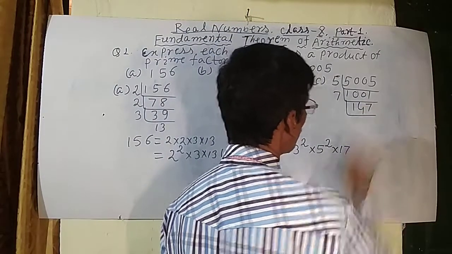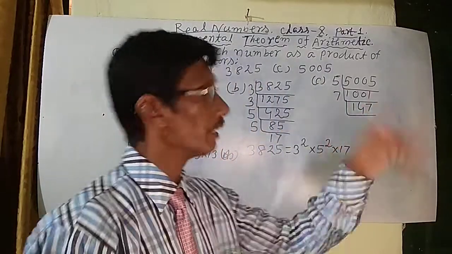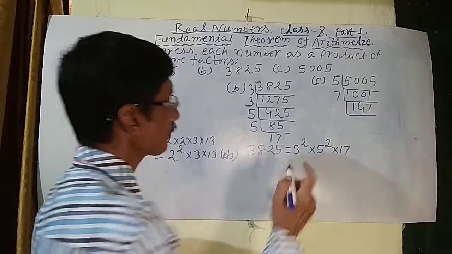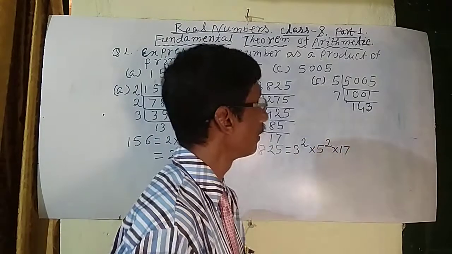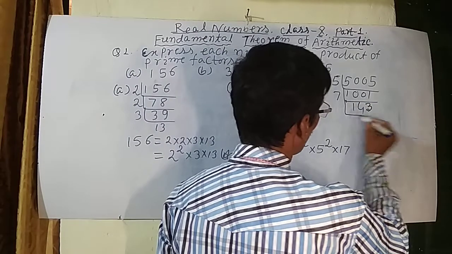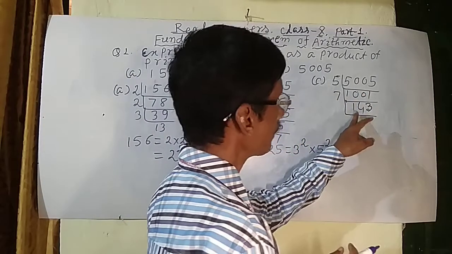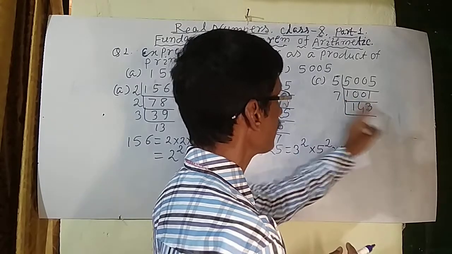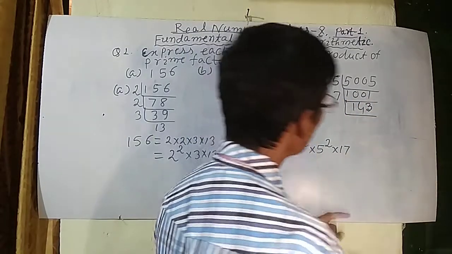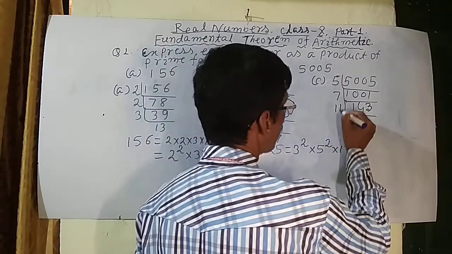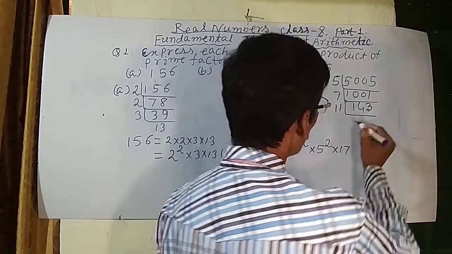Next, which number divides 143? Not 7. Okay, next count after 7 which number is the prime number? 11. So take the 11. Then 11 times 13 is 143. So it is divisible by 13.